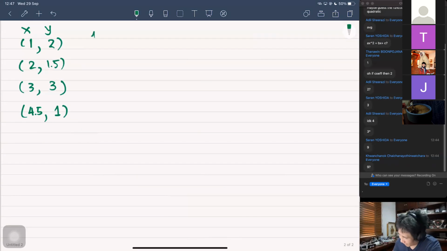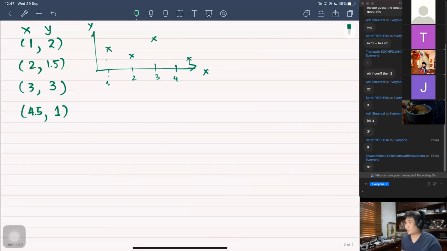If you try to plot this, I'm sure you can plot this, right? 1 is 1, 2. And then 2 is 1.5, around here. 3 is 3. And 4 is 1. So this is what it looks like. This is x and this is y, and this is about 4.5.